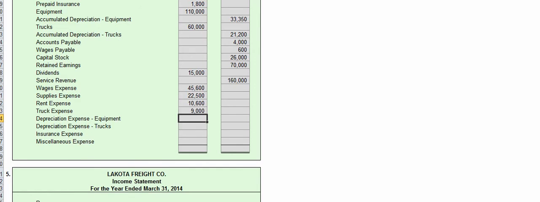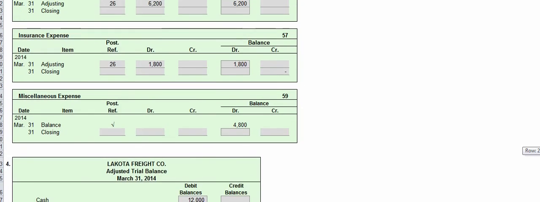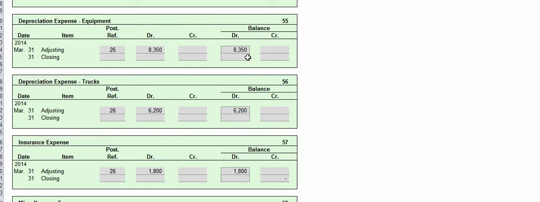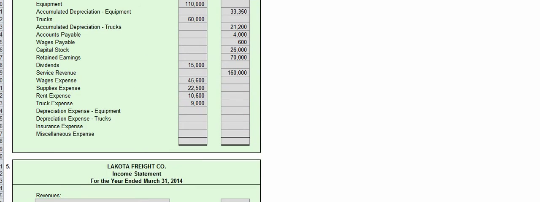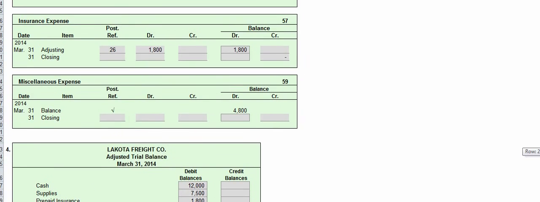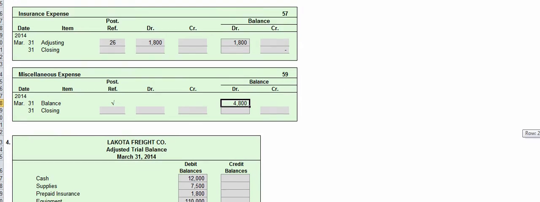Depreciation expense on equipment, $83.50. Depreciation expense on trucks, $6,200. Insurance expense and miscellaneous expense are our last two. A debit for $1,800 and a debit for $4,800.